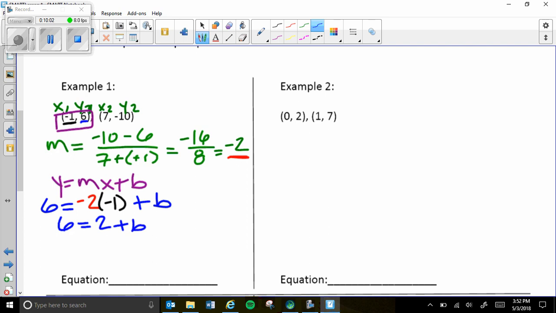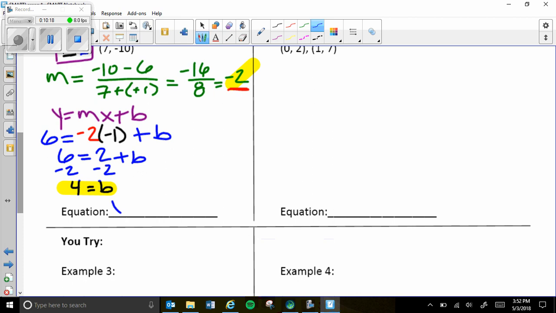I need to get b by itself, so I subtract 2 from both sides. So b equals 4 in this case. Now again, I have an m, which I just solved for, and I have a b, which we also just solved for. So now I can write the equation of my line. Y equals negative 2x plus b, which we just said was 4.